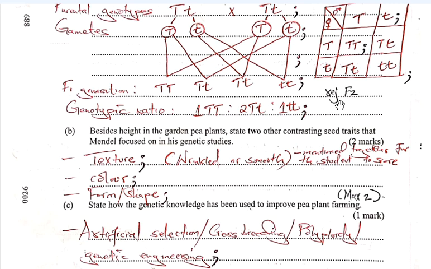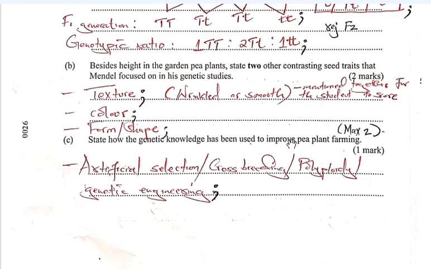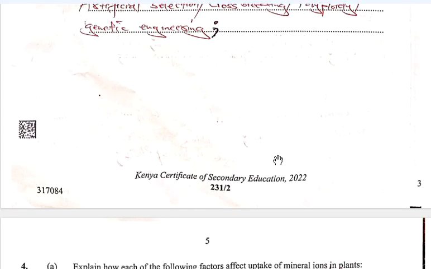We have color, and we can have different colors. Then we have the shape of the seeds. Then part C, state how genetic knowledge has been used to improve pea plant farming. That is artificial selection, you can have crossbreeding, polyploidy, or genetic engineering. On to the next question.